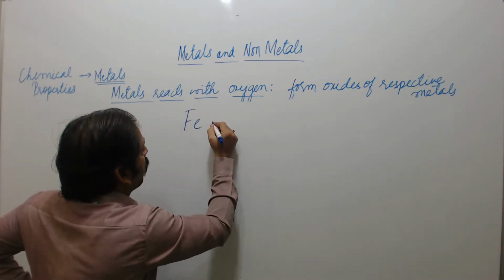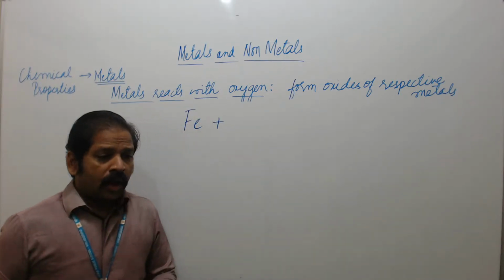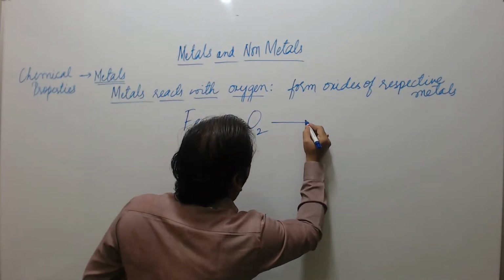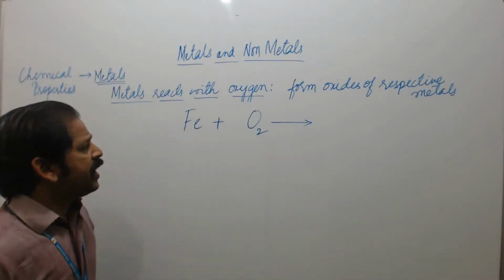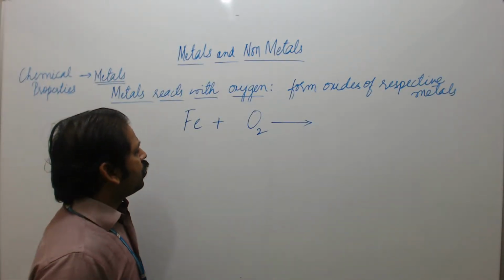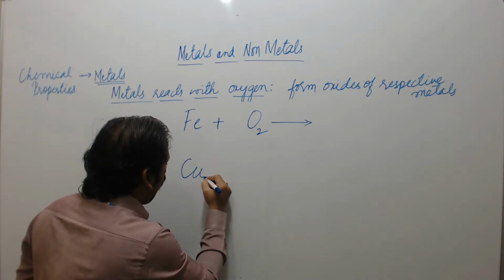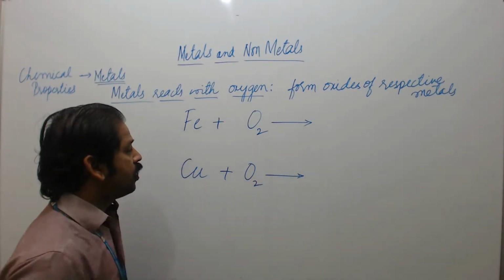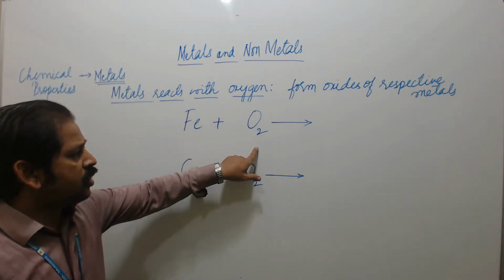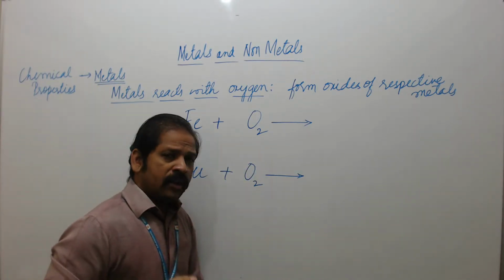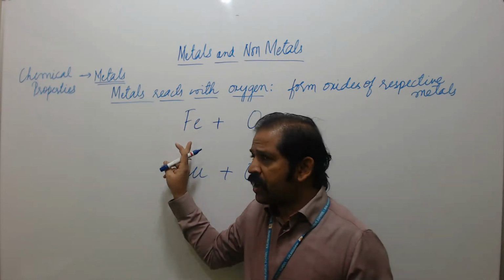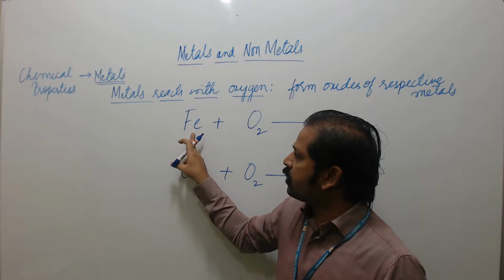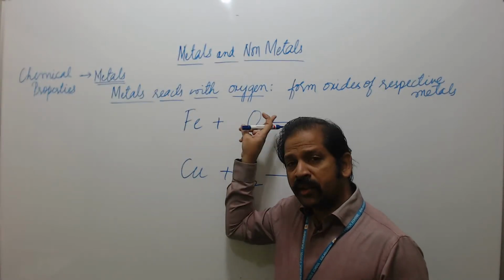Next is iron. Iron reacts with oxygen. Copper reacts with oxygen. These are the reactions, both are in textbook chapter number 1. Iron reacts with oxygen to form iron oxide.